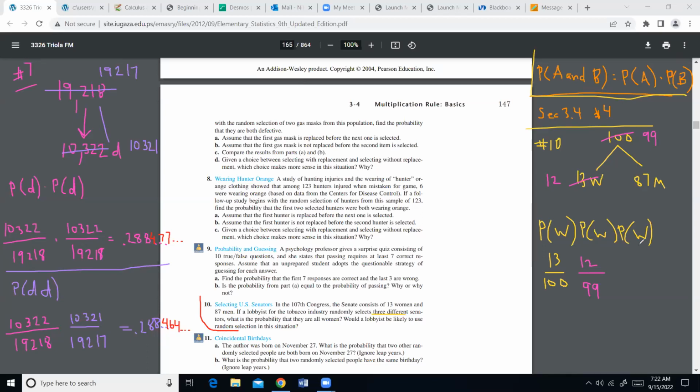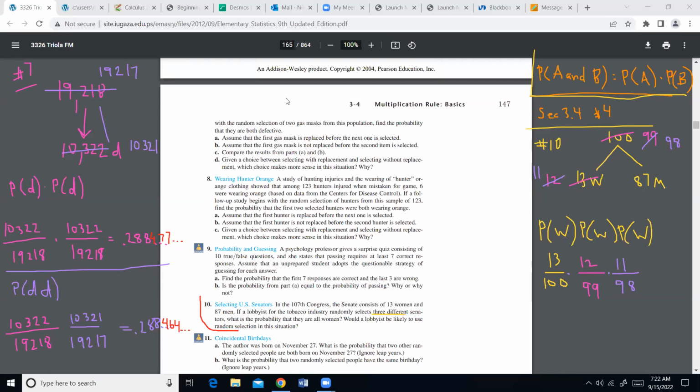And then finally, when I go for selecting the third one, analogously, I'll have 1 less to select from because we already chose 1. So it's 98 left. And also not 12, but 11 women for me to choose. And the multiplication rule says, you need to multiply these 3 fractions just like that.